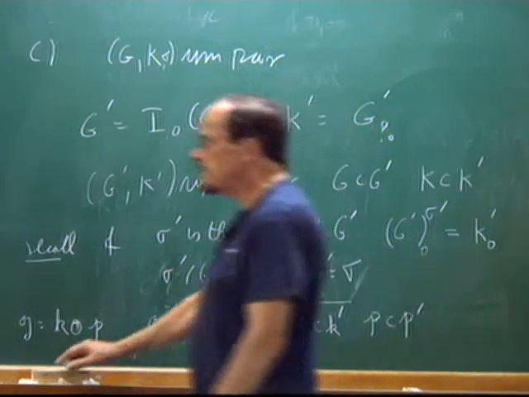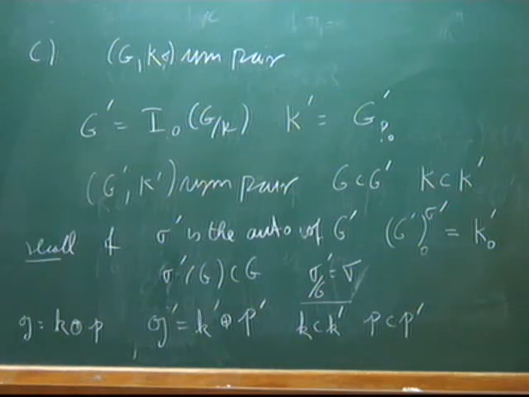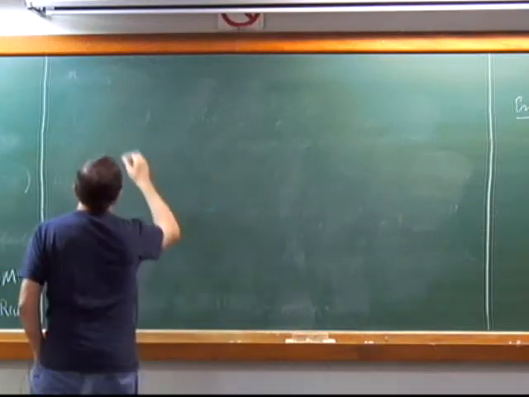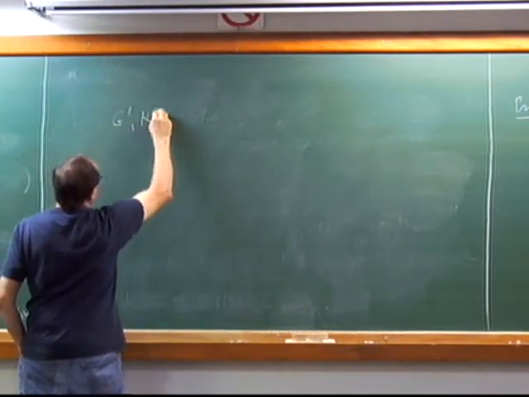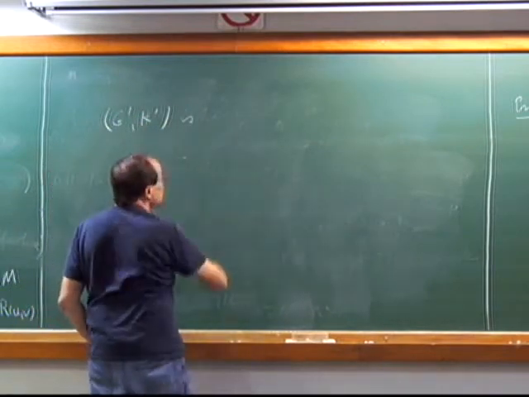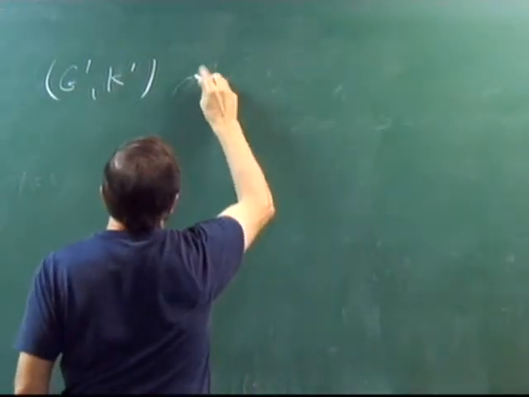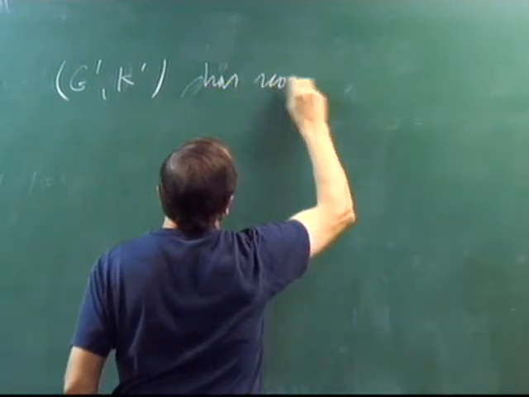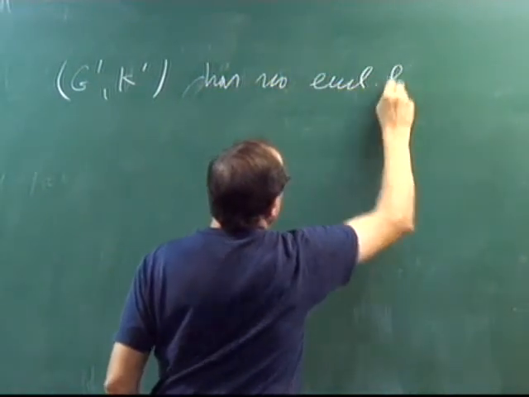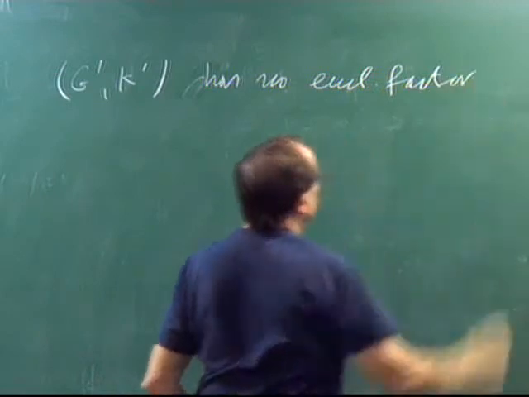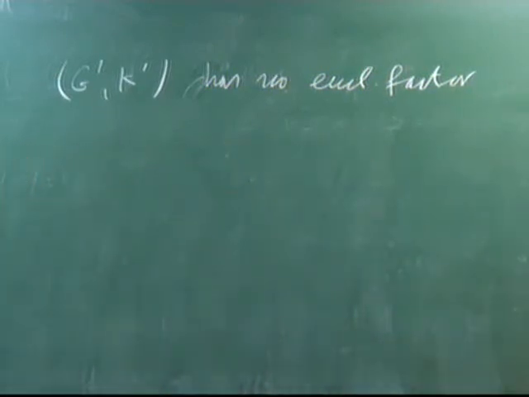Okay, so now let's use that. I have a second symmetric pair, (G prime, K prime), and this also has no Euclidean factor. Because the Euclidean factor means geometrically that something flat splits off.